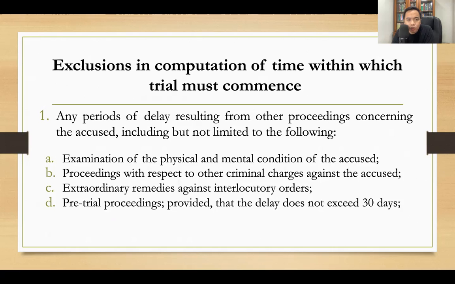Now, there are exclusions in computation of time within which the trial must commence. In other words, these are factors which are not considered when computing the time of trial.